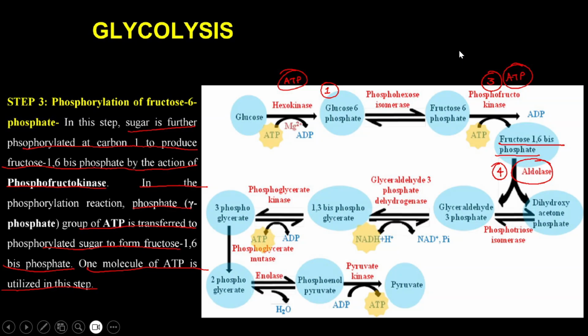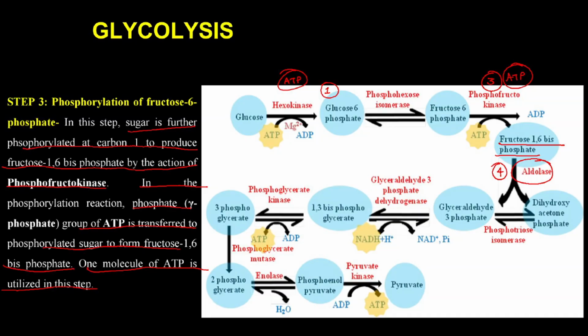Now, at the next step, fructose 6 phosphate is being converted to fructose 1,6 bisphosphate. So, you must remember this: whichever enzyme has kinase in it is involved in phosphorylation. It will add a phosphate group to the succeeding molecule.